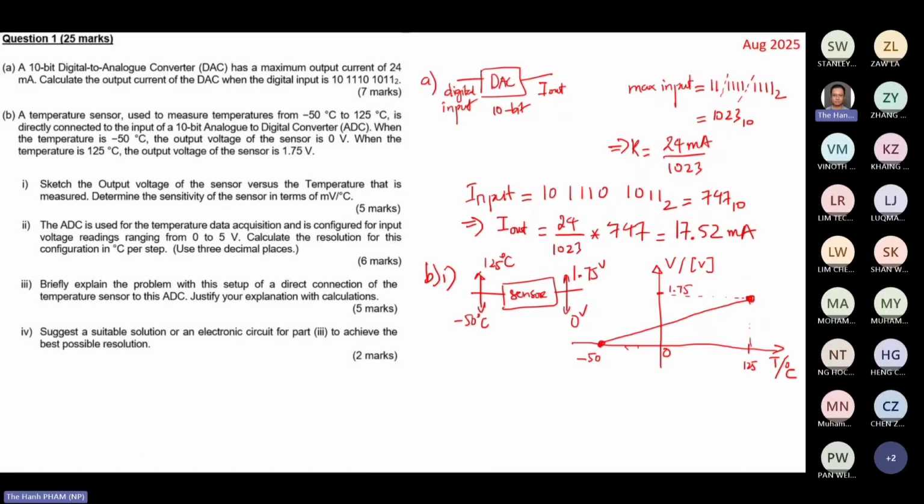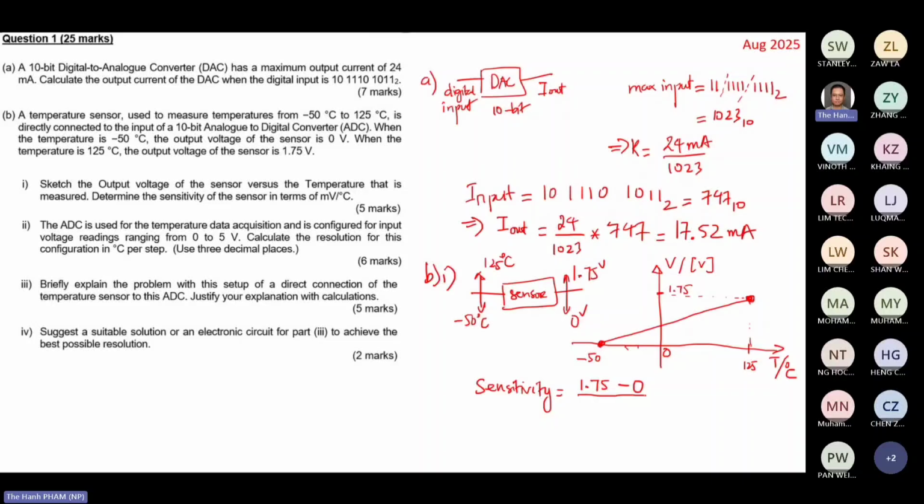input-output relationship, and sensitivity. Now, in terms of millivolt per degree Celsius. So you go up from 0 to 1.75. This is a change in the voltage.